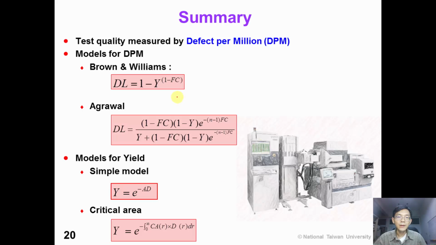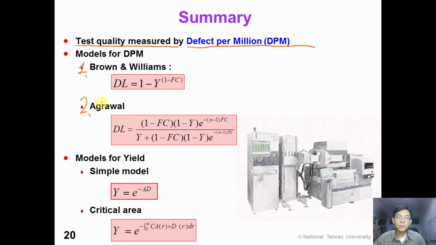In summary, in this video, we have introduced the concept of test quality, which can be measured by DPM. There are 2 models for DPM. One is Brown and Williams model, which is very simple but not accurate.